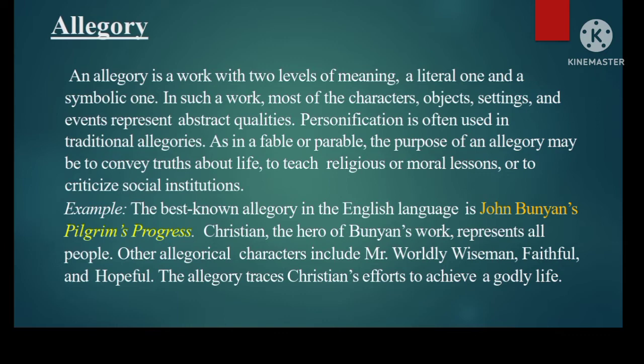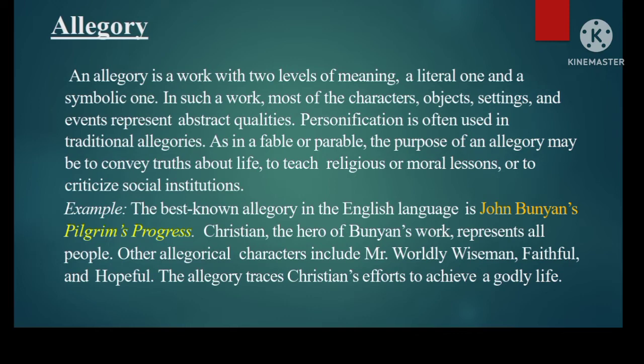A fable is a short tale in which usually animals are the characters, and a parable is likewise a short story in which the characters may be humans as well as animals. The purpose of an allegory may be to convey truth about life, to teach a religious or moral lesson, or to criticize a social institution.